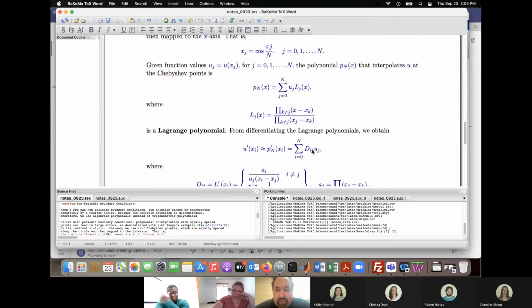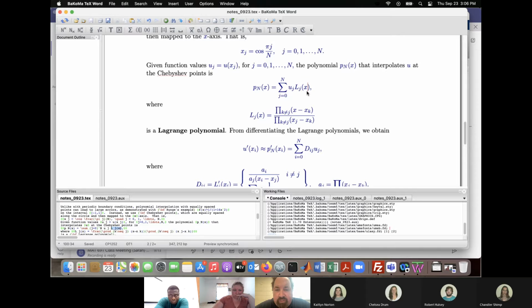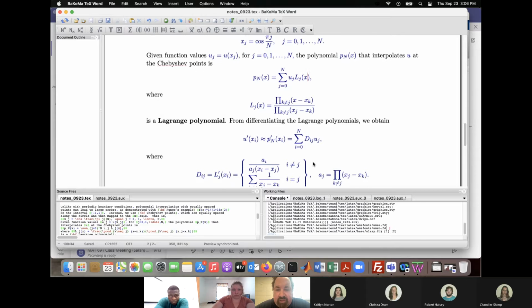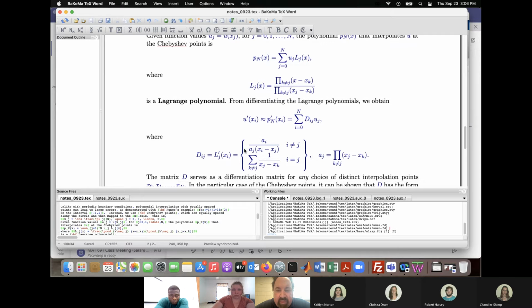And that's going to be something that has this form, because here this polynomial is a linear combination of the u values. You take a derivative, that again will be a linear combination of the u values. But what are the derivatives of these Lagrange polynomials at the xi's? Well, it turns out there are formulas for these things.